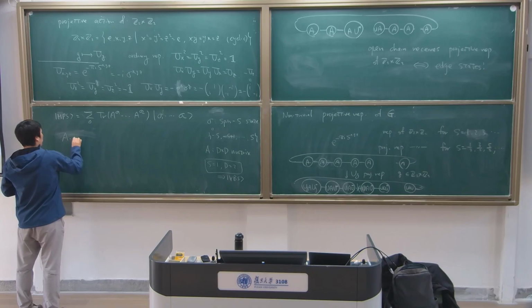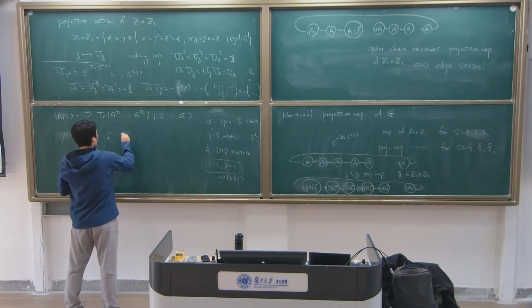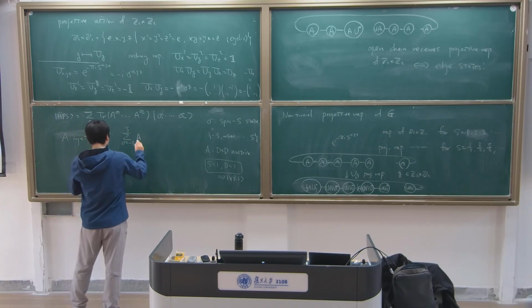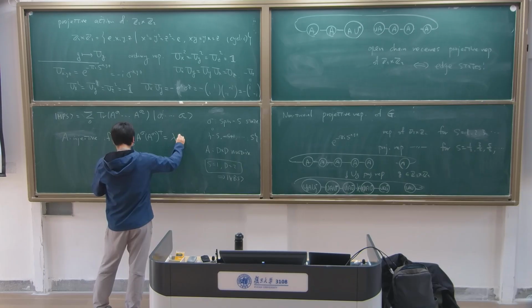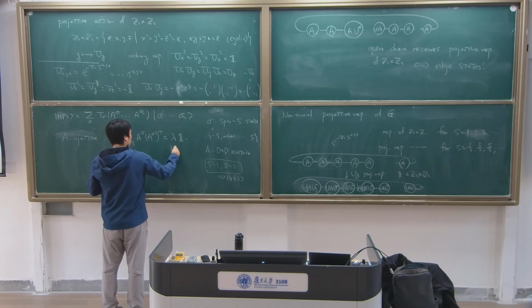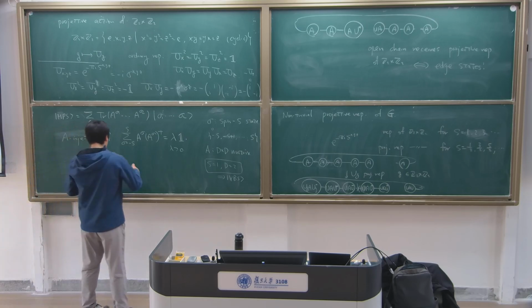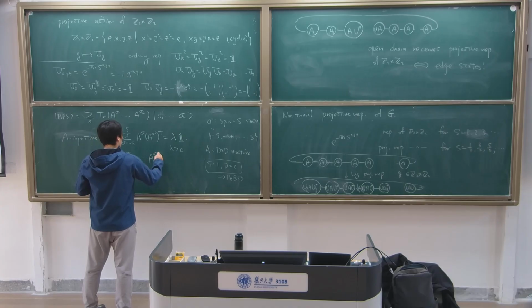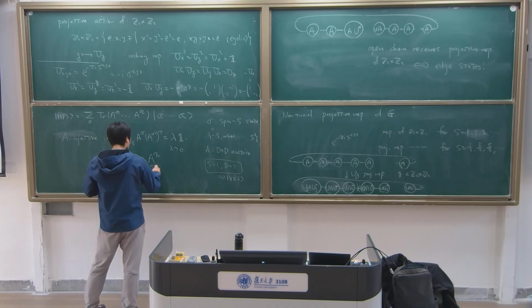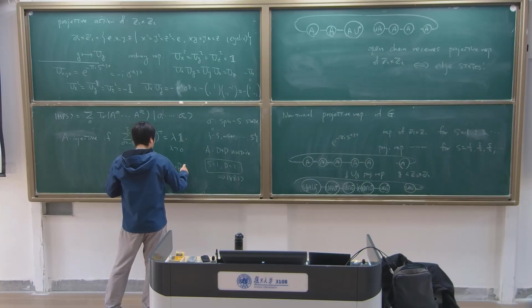So A is called injective if the sum over sigma and sigma, where lambda is a constant number, and also sigma and sigma L zero becomes the identity measure.